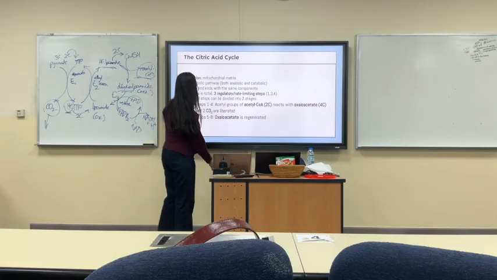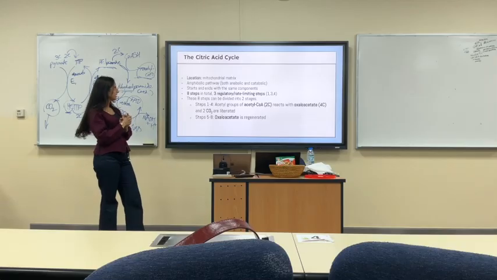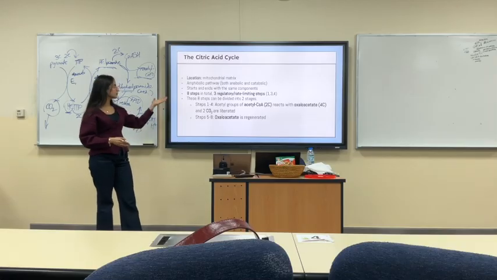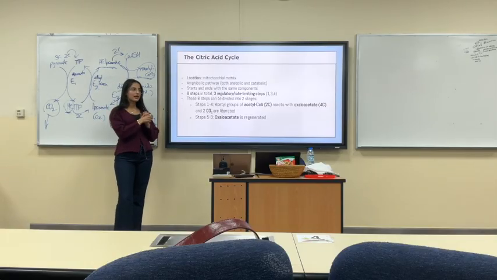Now we've reached the main point of the session, which is the citric acid cycle, which will also occur in the mitochondrial matrix. It's both anabolic and catabolic. Anabolic means biosynthetic: in the beginning we take a 4-carbon compound and a 2-carbon compound and produce a 6-carbon compound.